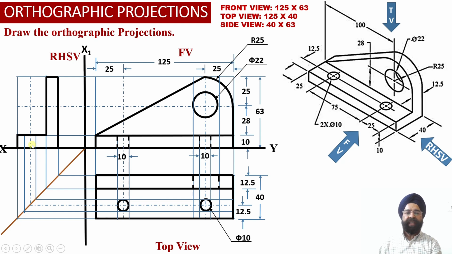Since this hole exists in element number 1, which is the horizontal web, we haven't extended these two projector lines up to the top face of the solid over here.